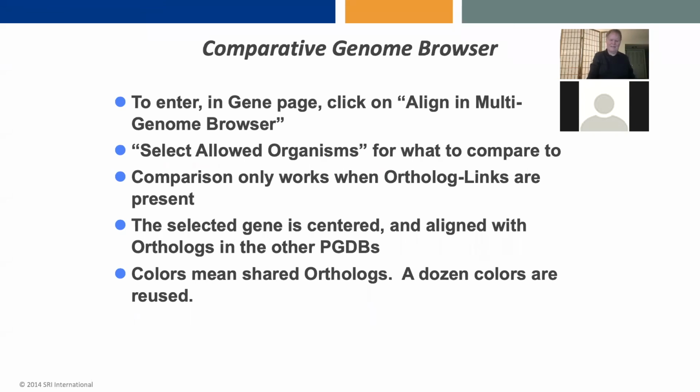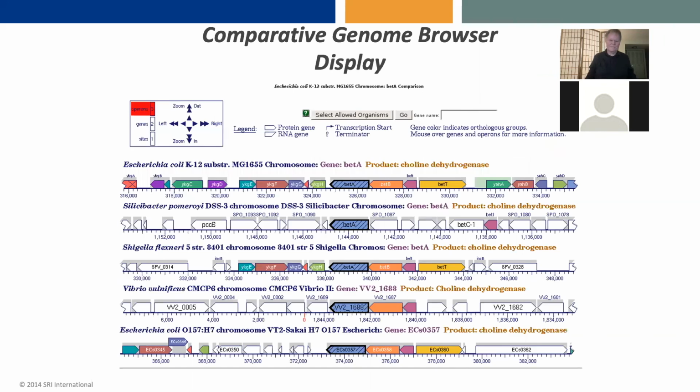Display is centered and aligned on the orthologs in the other PGDB. So this is one of the reasons why having organisms with computed orthologs is important. And likewise, the coloring is indicating the presence of orthologs.